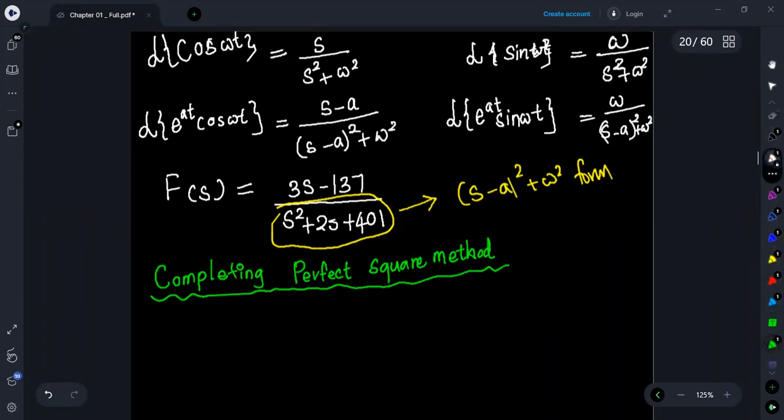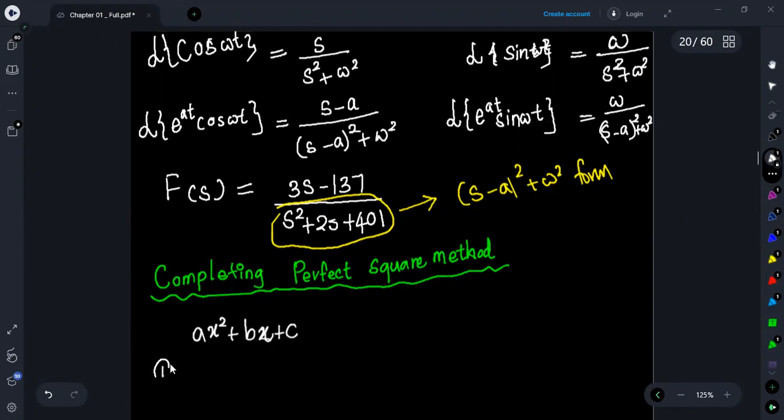I will explain this first by using a general expression. We start from a polynomial of the form ax squared plus bx plus c, and we are going to complete the perfect square of this type of polynomial.